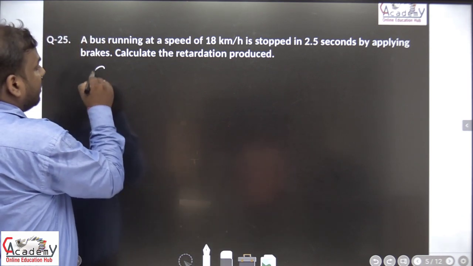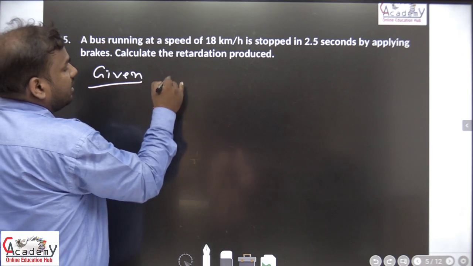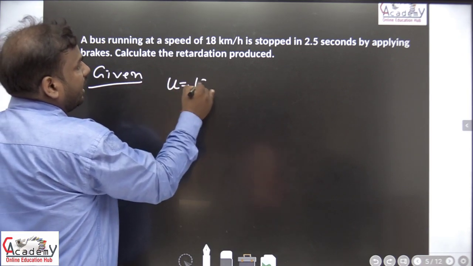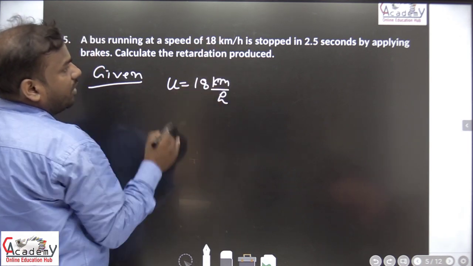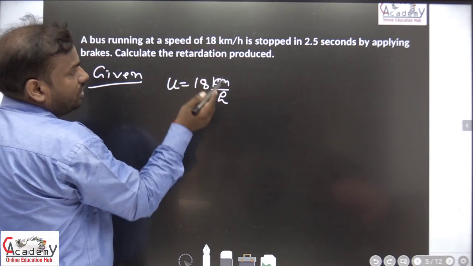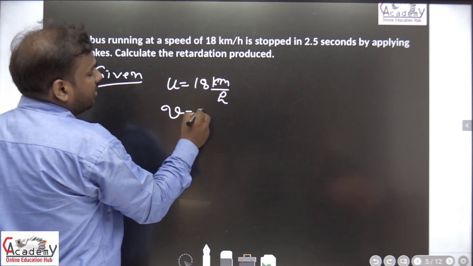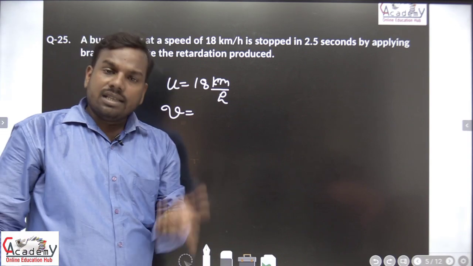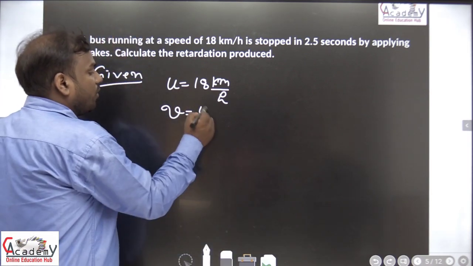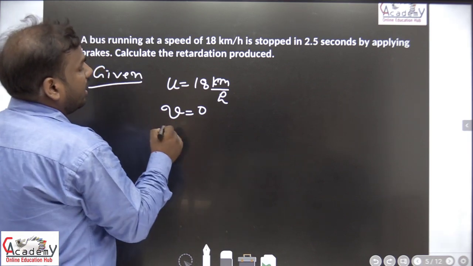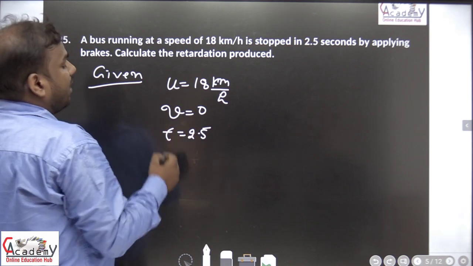So we write here, given: initial velocity, represented by u, is 18 km per hour. It stops in 2.5 seconds. When any object stops after some time, the final velocity will be 0. Then final velocity is 0 and time t is equal to 2.5 second, when the brake is applied.